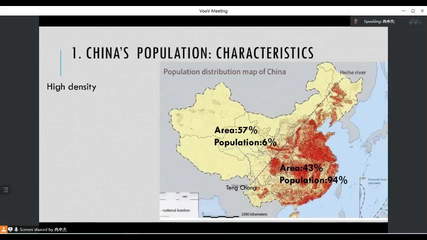This is Shandong province. And this is Shanghai. Xuzhou is located here. So Xuzhou is a city in China. And your country. Okay. Thank you.